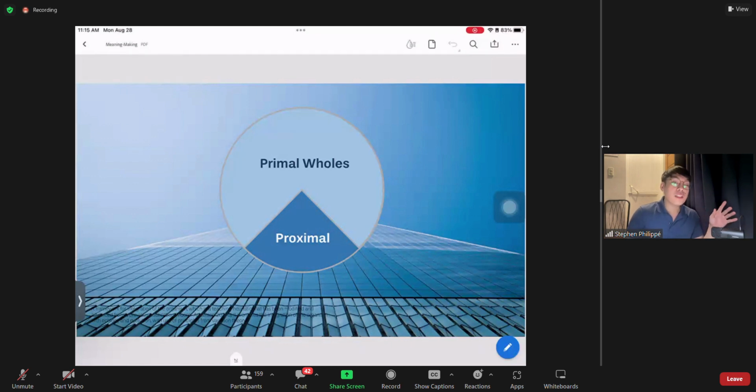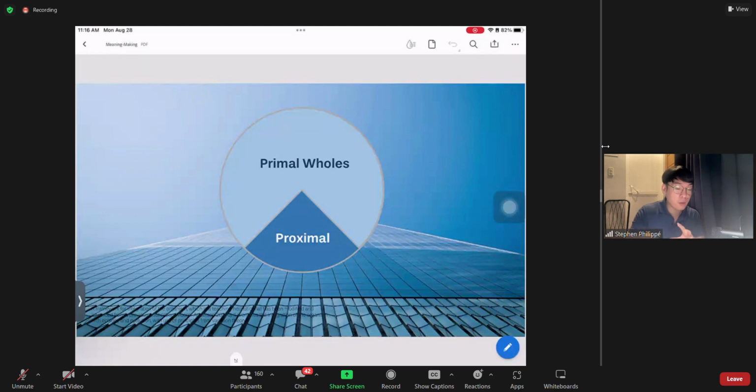So we call the mitochondria a primal whole, and then we call the parts of the mitochondria the proximal wholes. Let's say the mitochondria has cisternae, or the Golgi bodies has trans and cis portions. We can actually make use of proximal wholes and primal wholes in the context.